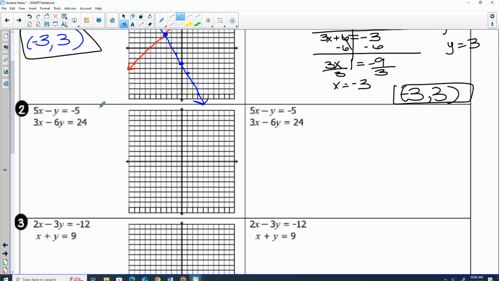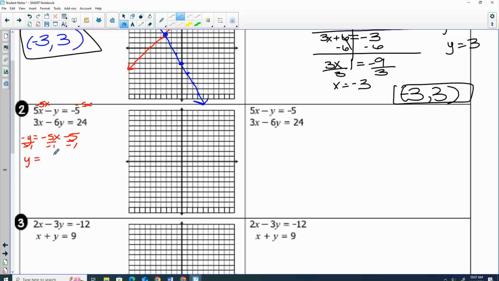If I want to graph this, first it has to be written in what form? So if I'm looking at my first equation, we can subtract the 5x. So that tells me -y equals -5x minus 5. Keaton, what would I do next to get y by itself? Divide everything by -1.